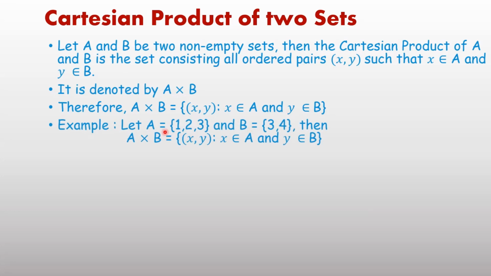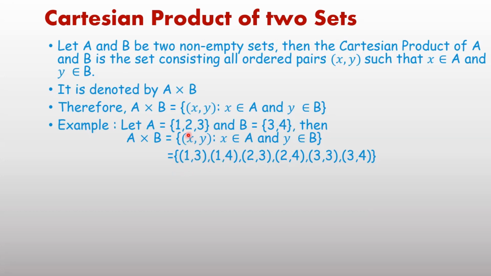For example, A equals {1, 2, 3}, there are 3 elements, and B equals {3, 4}. Then A cross B we can write as (x, y) such that x belongs to A and y belongs to B. Means we take all ordered pairs such that the first element belongs to the first set, set A, and y belongs to set B. For example, if the value of x is 1, then the possible values of y are 3 and 4, means (1, 3) and (1, 4).